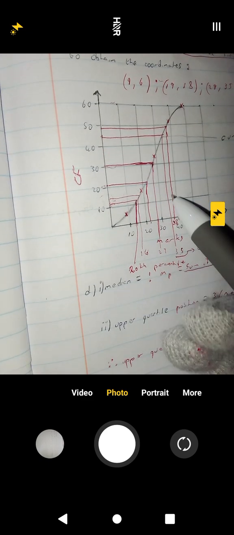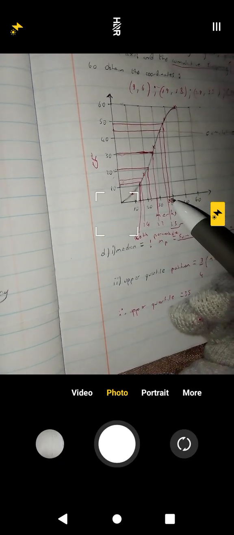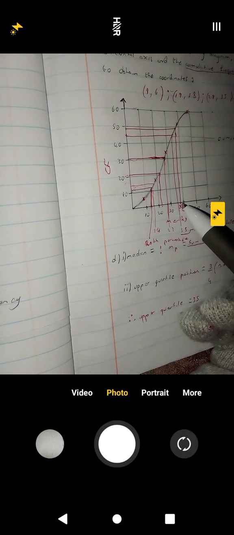So the 80th percentile, for the 80th percentile, we first found the position to be 48.8, and then we found that it's actually 38. So on the 48 position, we found that it's about 38. So that's the 80th percentile.